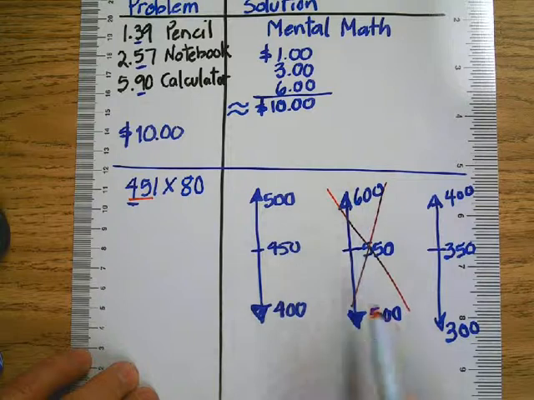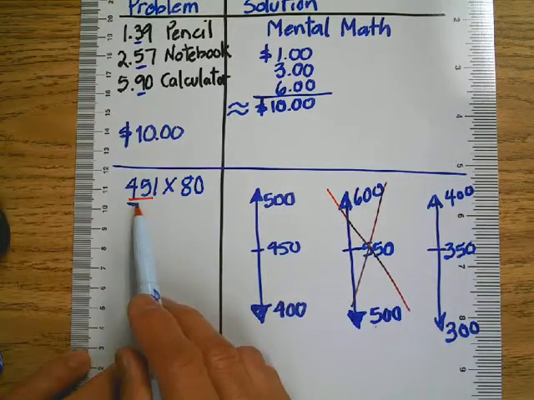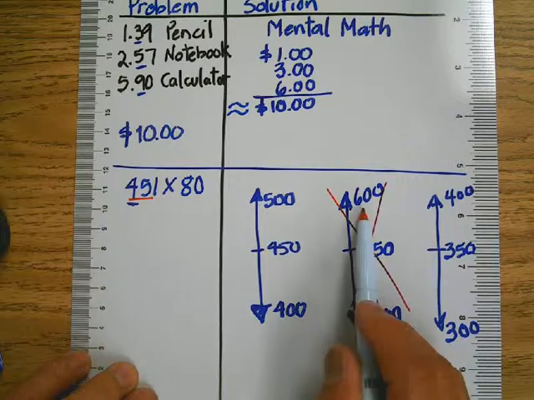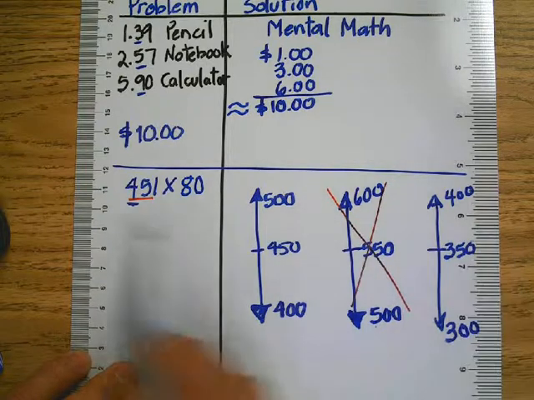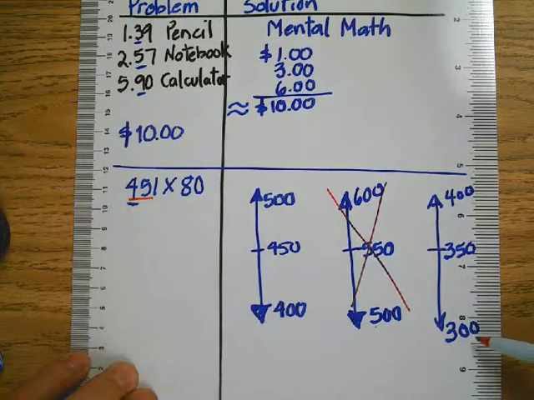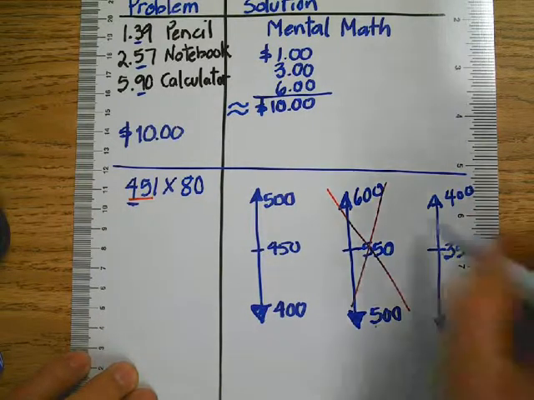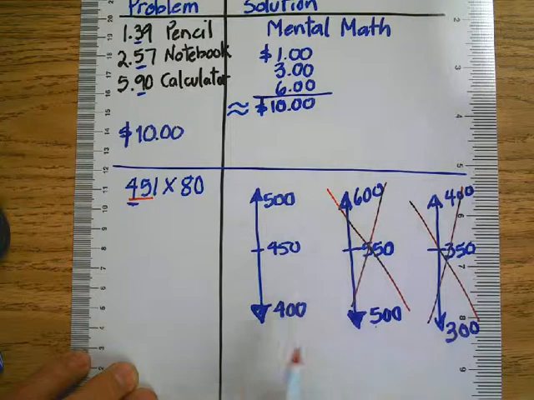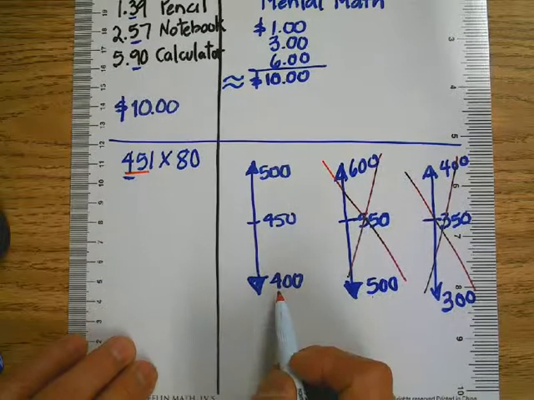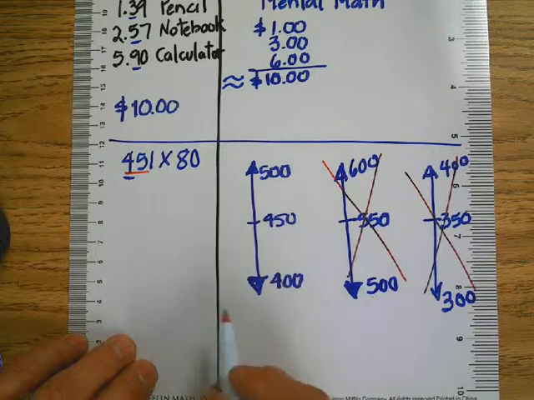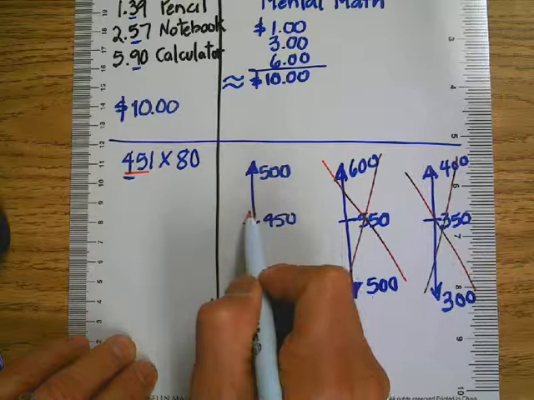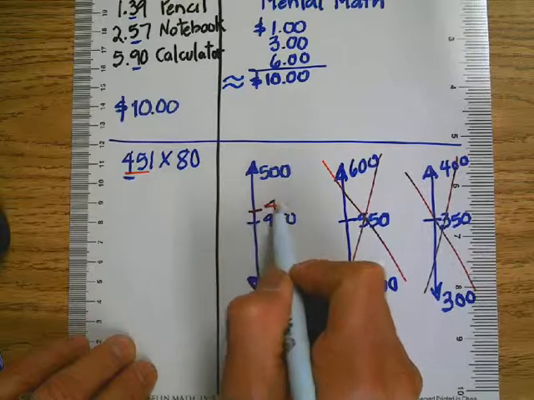The 451 is not between 500 and 600, and 451 is not between 300 and 400. But we can see that 451 is between 400 and 500. How can we prove that? Well, the midpoint is 450, so 451 should be right above it.